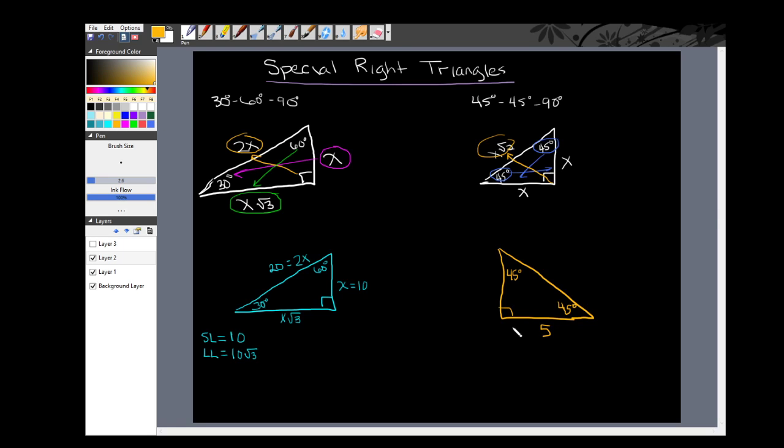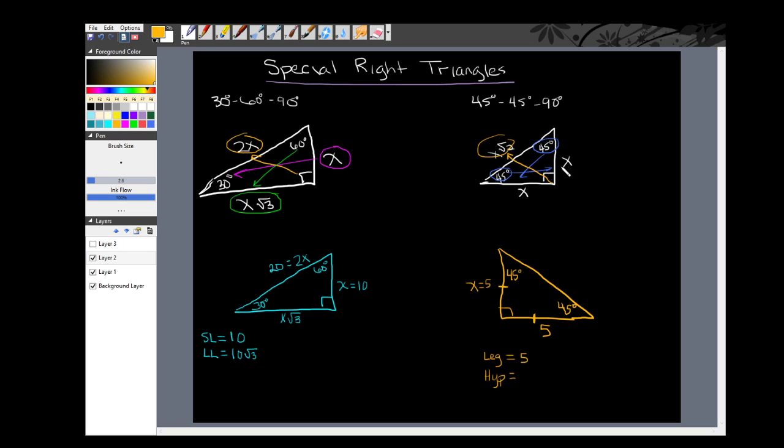So let's try this orange example. I'm just going to call it a leg, because on a 45, 45, 90, the legs are the same length, and then my hypotenuse. So if my legs are the same length, and this one's 5, this leg must also be 5.